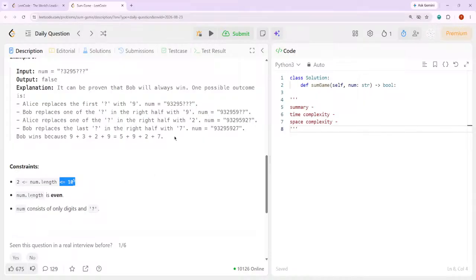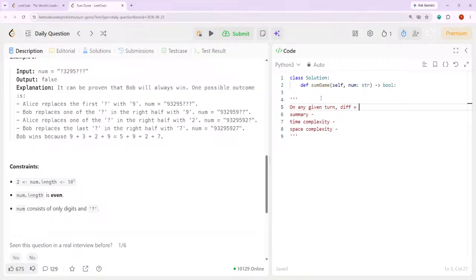So at any given point on any given turn, let's say the difference, diff, equals the difference between the first and second half.